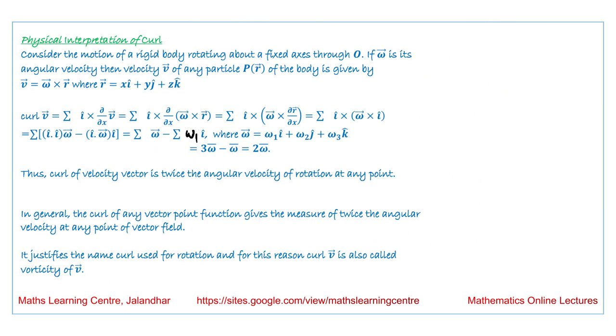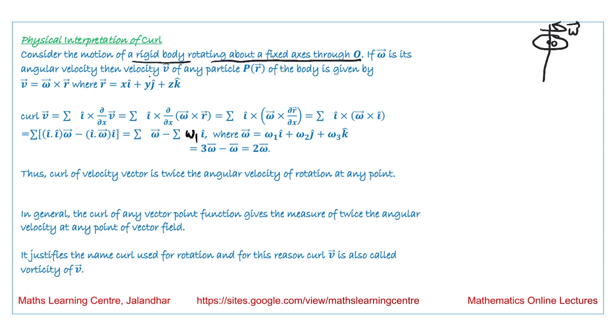Next we have the physical interpretation of curl. Suppose a rigid body is rotating about a fixed axis through O. This is some rigid body, and this is some fixed axis passing through O, and the body is rotating with angular velocity omega vector.